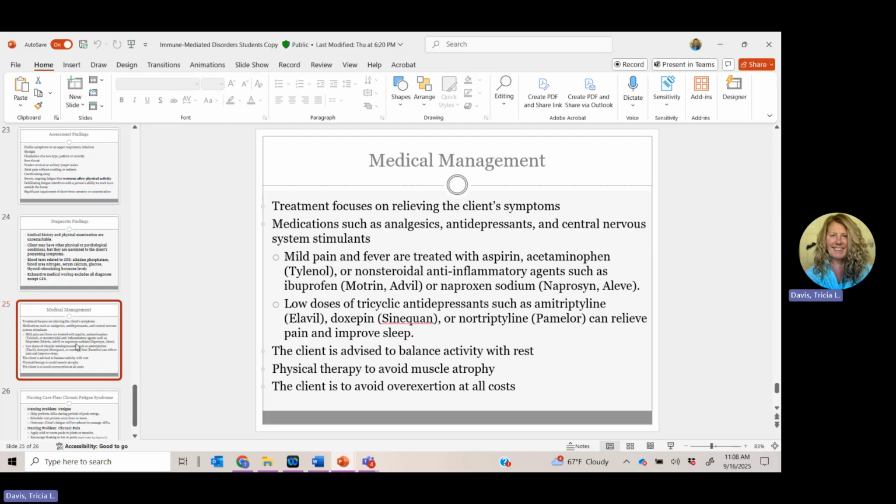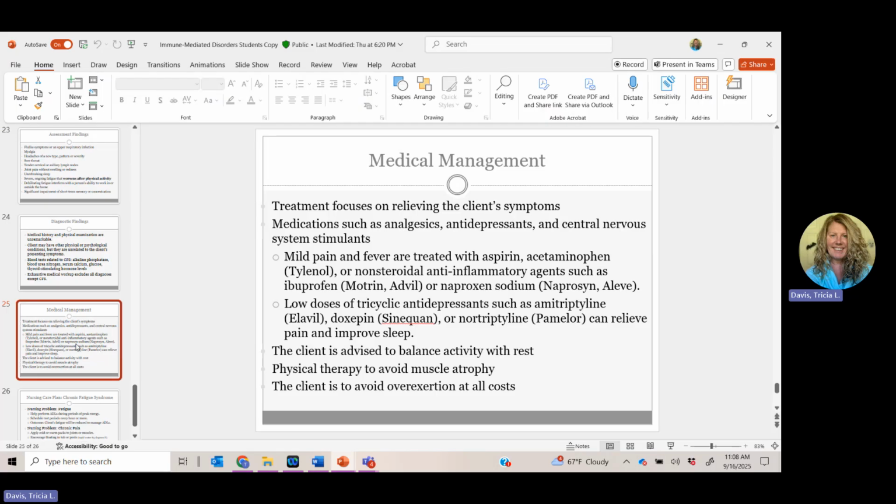All right, so how are we going to manage these patients? So we're going to treat based upon whatever their symptoms are, okay? So if they're complaining of pain or they have a fever, we're going to give them aspirin, acetaminophen, Motrin, things like that, even Aleve, okay? Low doses of tricyclic antidepressants, because we see that these medications can relieve their pain and help improve their sleep, okay?